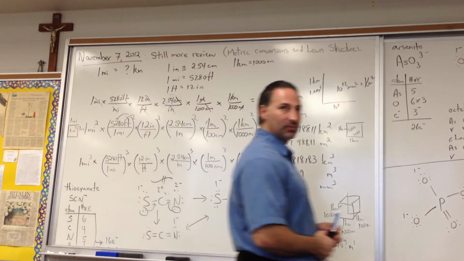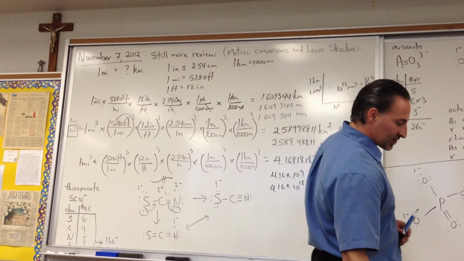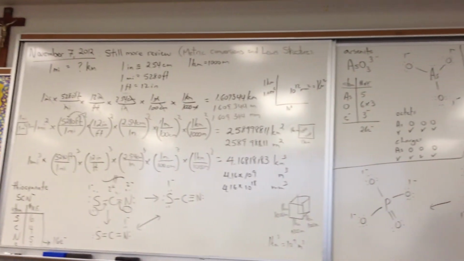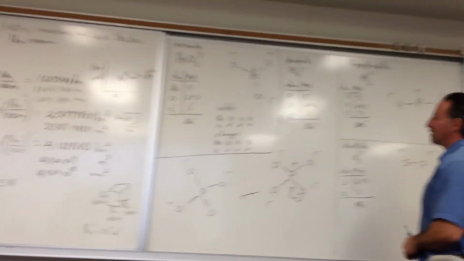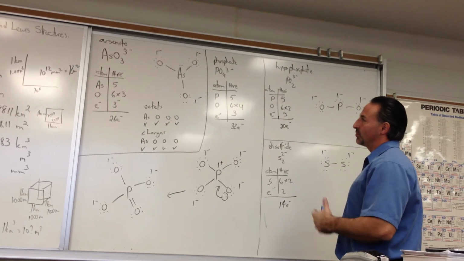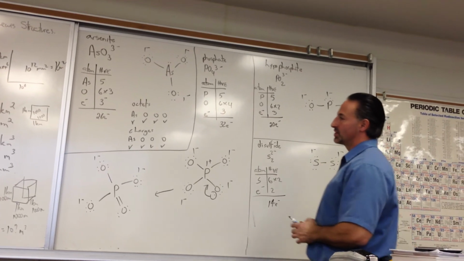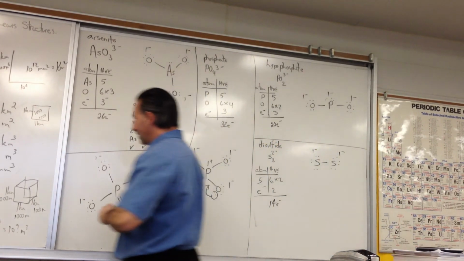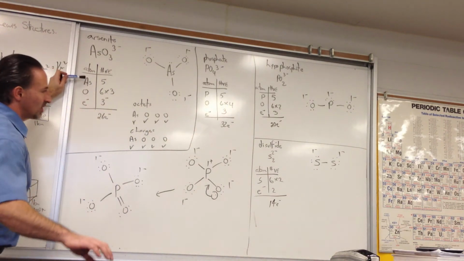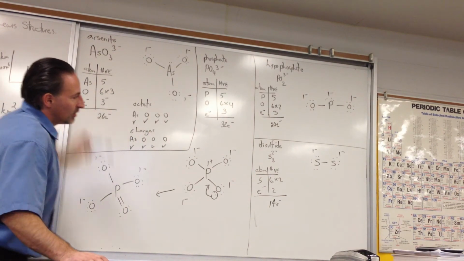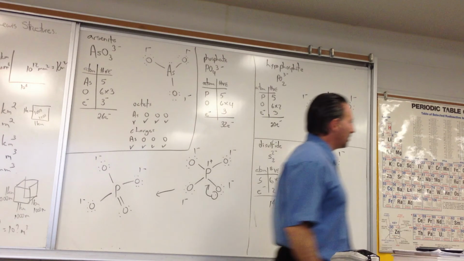The next example would be arsenite. Arsenite is composed of an arsenic atom with 3 oxygen atoms and a charge of -3. When we count the number of valence electrons, we notice that arsenic is a group 15 element.